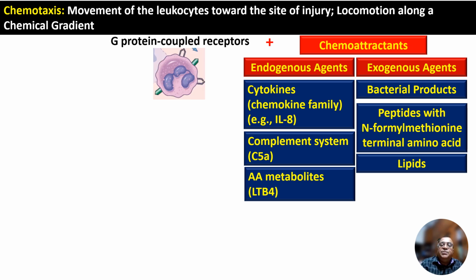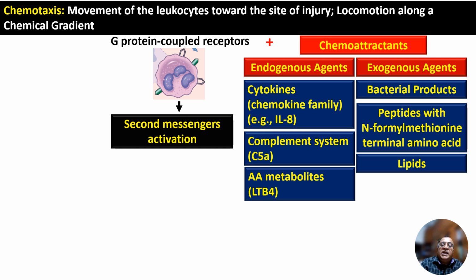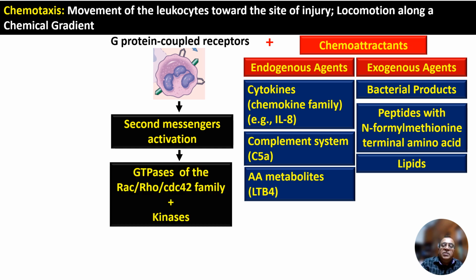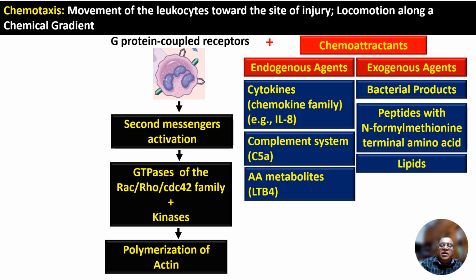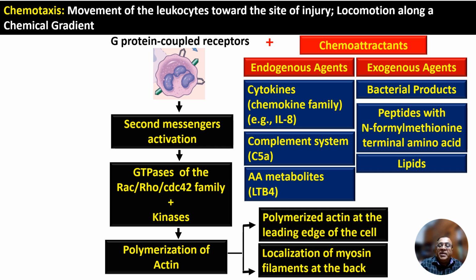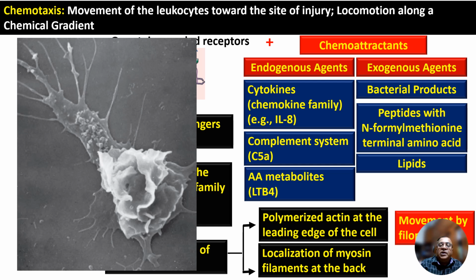They bind with G protein coupled receptors and activate second messenger systems. There is activation of GTPases of the Rac, Rho, and CDC42 family, with kinases. As a result, there is polymerization of actin. This polymerized actin is present at the leading edge of the cell, while the myosin is localized at the back. This results in filopodia formation.